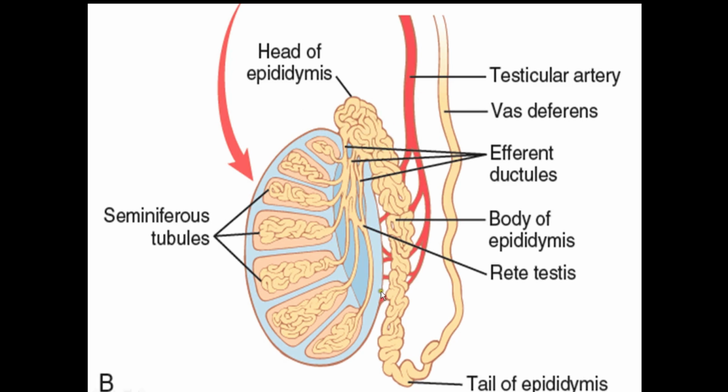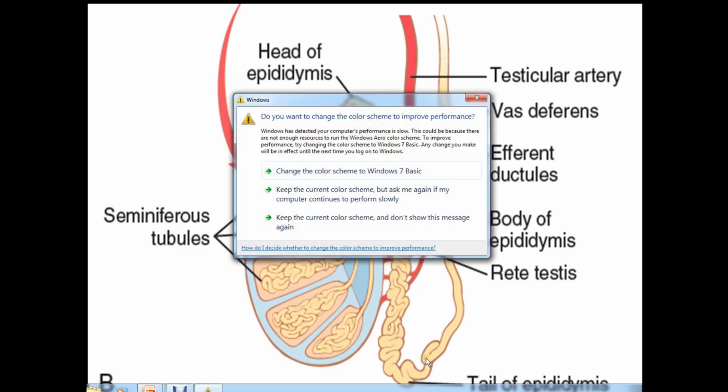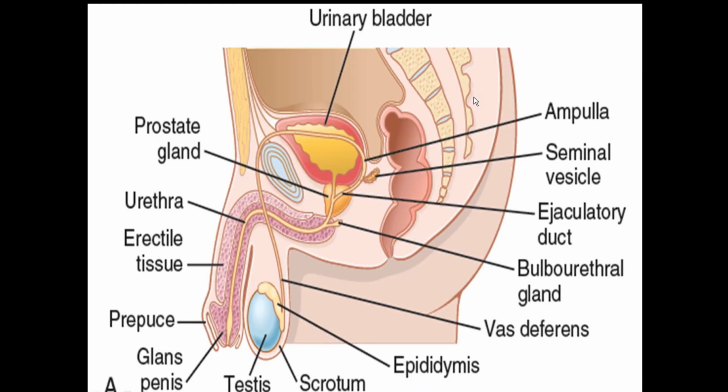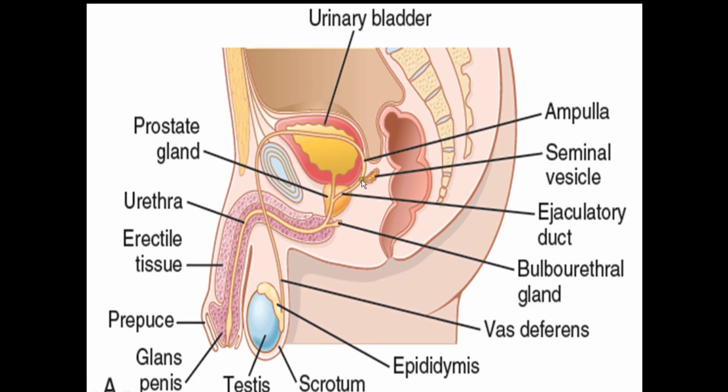Then sperms pass to the vas deferens, and are emptied into the ejaculatory duct, which lies in the mass of the prostate gland.